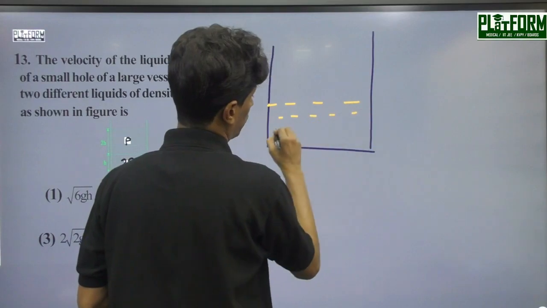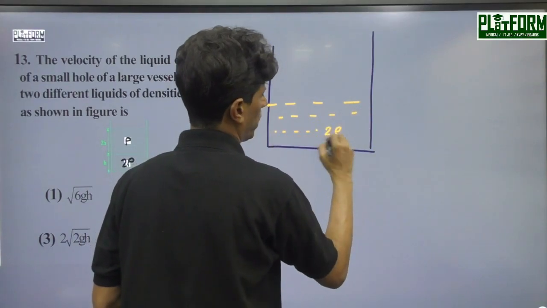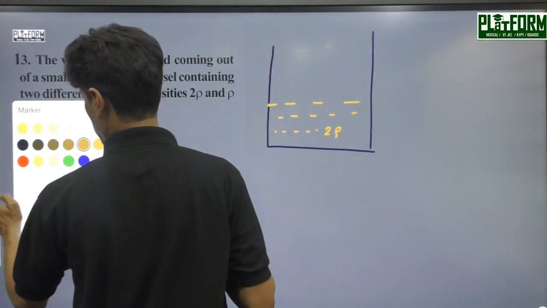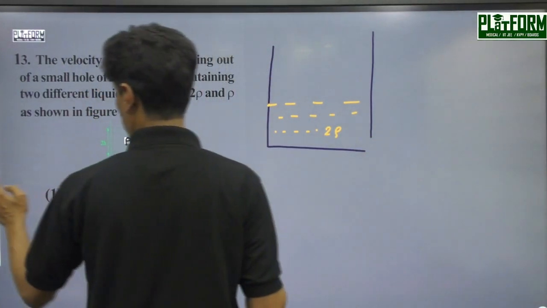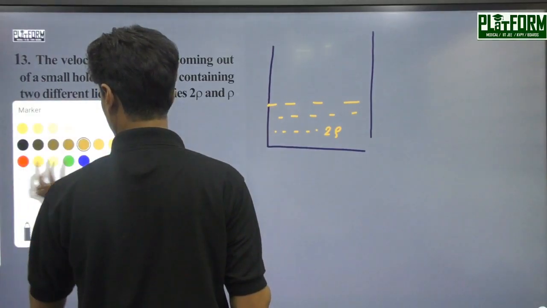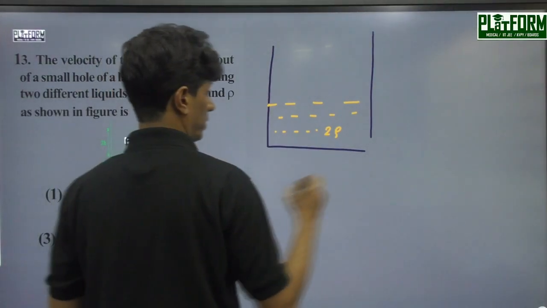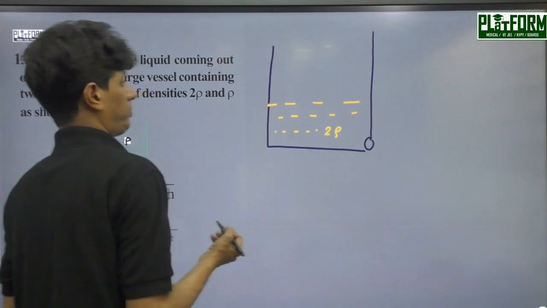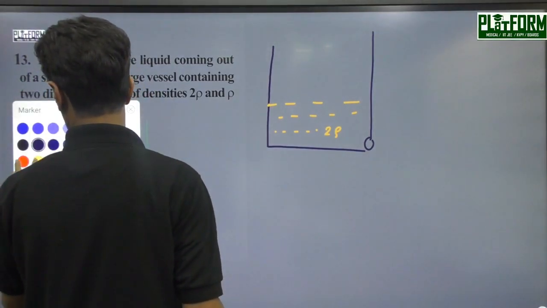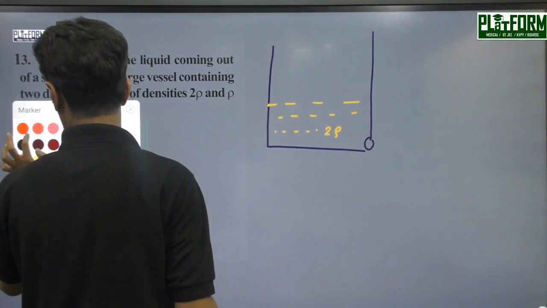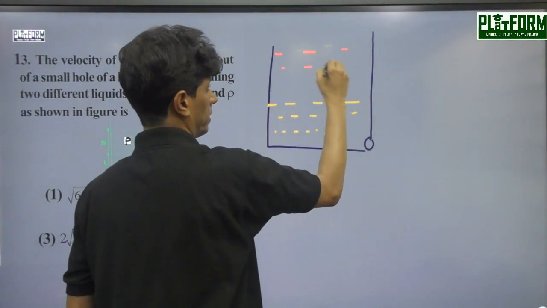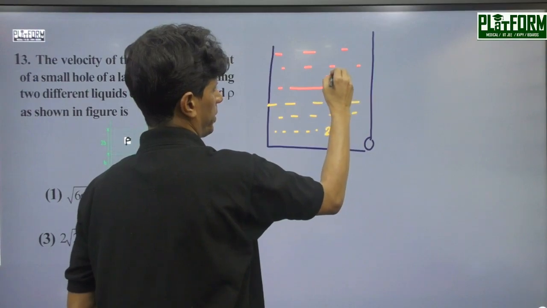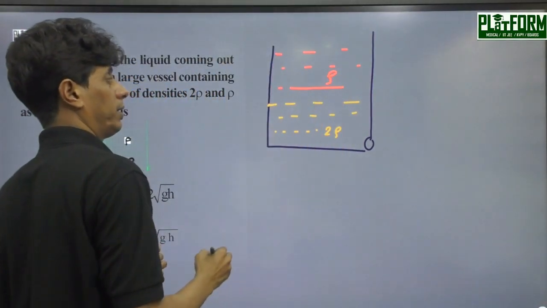Here the liquid used is 2 rho and there is a hole in this. And the other liquid is given density rho.